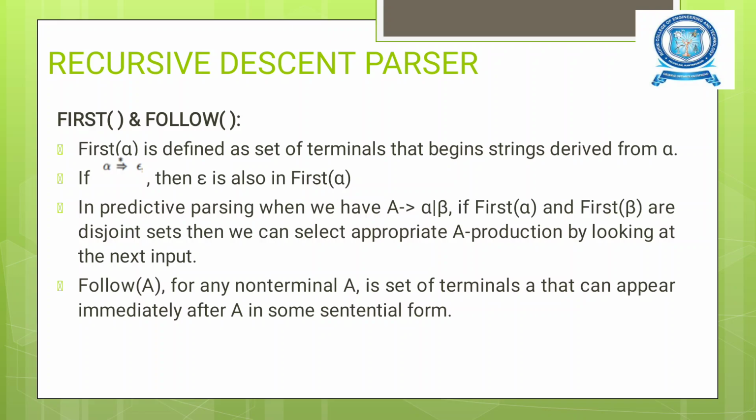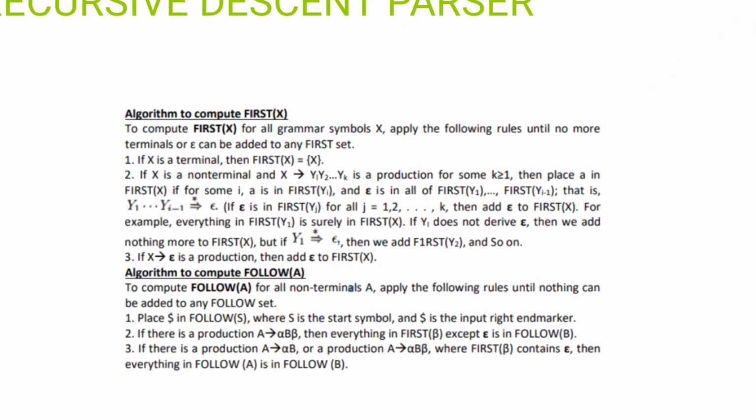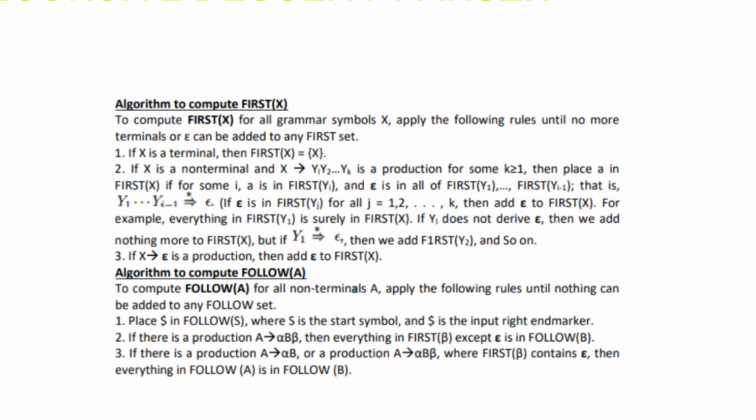Consider a non-terminal A with the production A → alpha | beta. The first of alpha and the first of beta are included in the first of A. If the production is of the form A → epsilon, then the first of A includes epsilon. If the production is of the form A → B, then the first of A is the first of B. This is the actual rule for first.